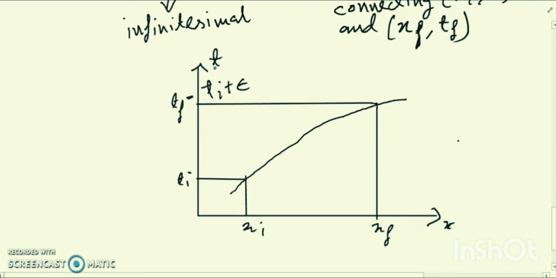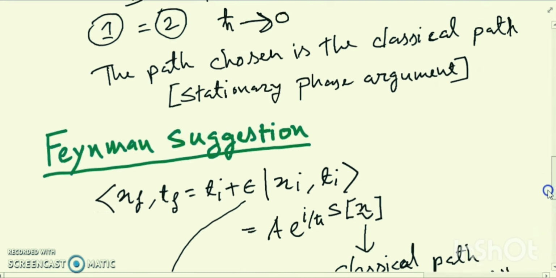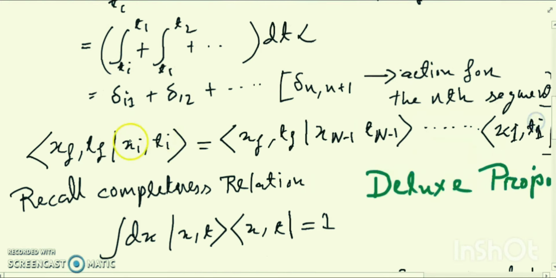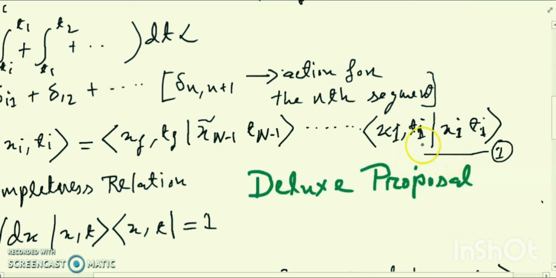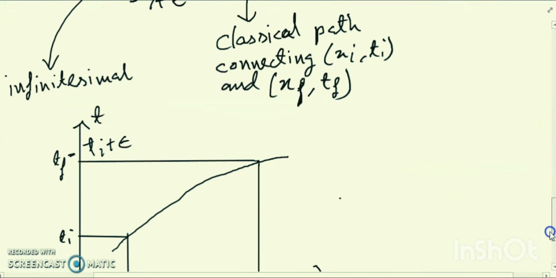So what about finitely separated events? We know that for finitely separated events we use these equations, and in the Feynman case everything is tilde, x1 tilde. Now we will discuss finitely separated events.